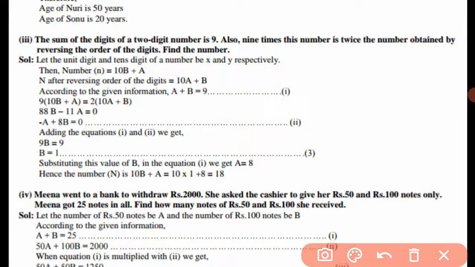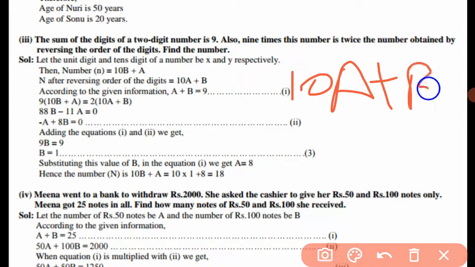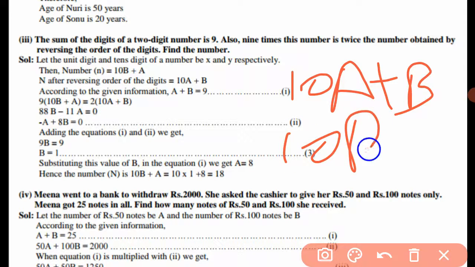So after solving it, the first equation will become a plus b equals 9, as it says that the sum of the digits of the 2-digit number is 9. For making the second equation, it says that 9 times the number will be equal to 2 times its reversed number. On reversing, 10a plus b will become 10b plus a.